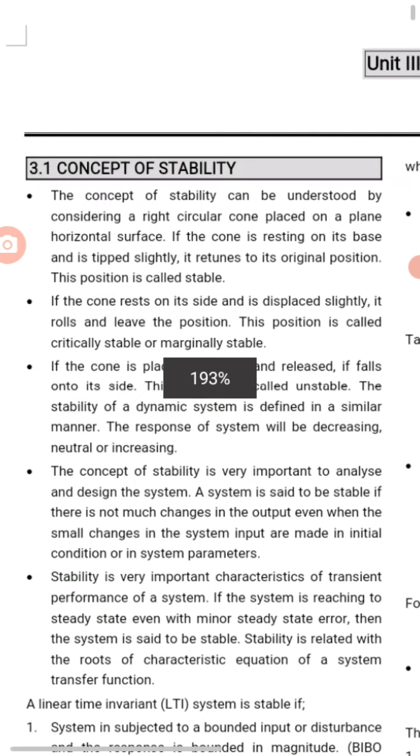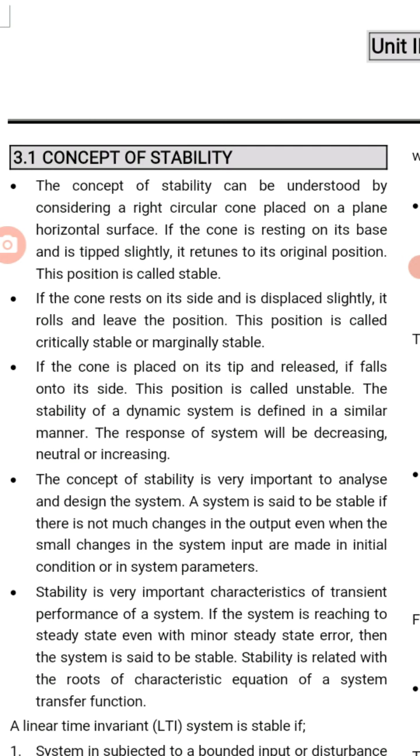The concept of stability can be understood by considering a right circular cone placed on a plane horizontal surface. The cone is resting on its base and is tipped slightly. It returns to its original position. This position is called the stable position.